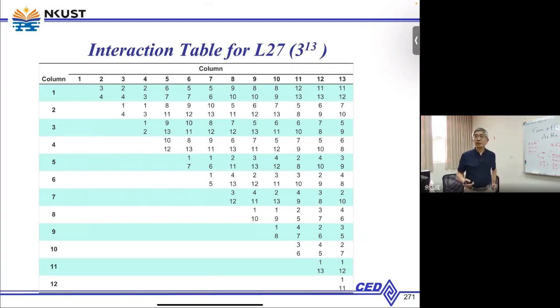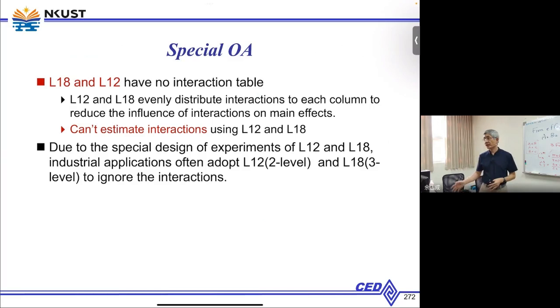But here you can double check with the video tape and you will find that the interaction table for three levels will tell you that the interaction will exist at two columns. Say 1 and 2, the interaction will happen in column 3 and column 4 if your factors are three-level, right? And I will introduce that later, but you can see for each orthogonal array, you have one interaction table.